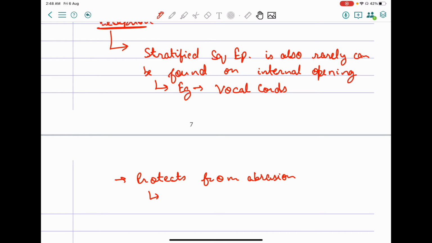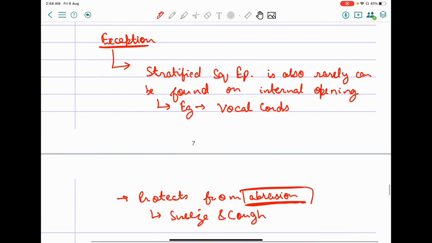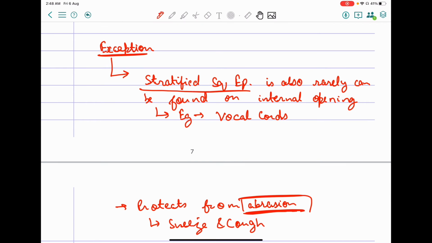When we sneeze or when we cough, a large amount of air passes, due to which abrasions can occur on the vocal cord. So to protect this, stratified squamous epithelium is needed.